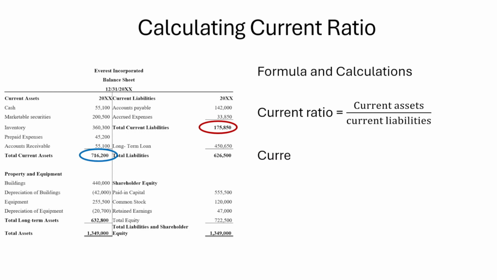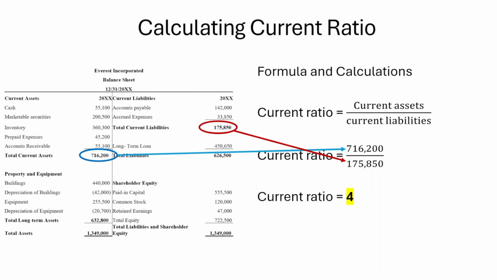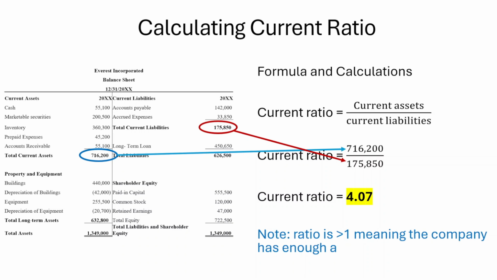Here we have the current assets over there on the debit side, current liabilities on the credit side, and when we divide them, we get our current ratio as 4.07. As we note, it's more than 1. It means the company has enough assets to cover its immediate liabilities.